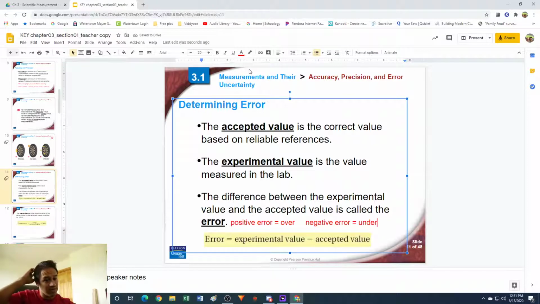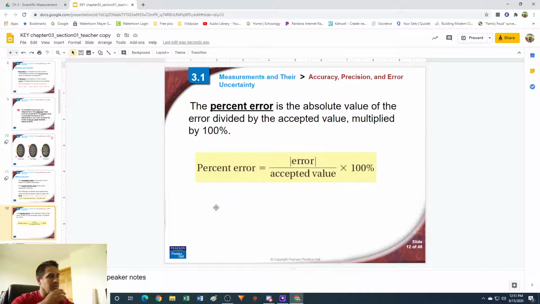So again, if I step on a bathroom scale and it says 145 pounds and it should say 149 pounds, my error is going to be -4. The scale is under by 4 pounds. If I step on a bathroom scale and it said 153 pounds when it should say 149, then my error would be +4, meaning that the scale is over by 4 pounds. Okay, so it's okay to have a negative error. It just means that you're under versus you're being over.